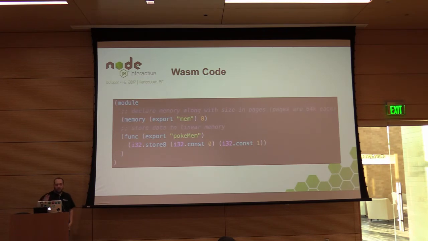So we have a lot of memory here, and now we're exporting a function called poke_mem, and that does exactly what it sounds like. It's just going to poke our memory. So at the beginning of the array, that's that const 0, we're going to store const 1 in the first byte, right? So store 8, we're storing a single byte, and we're storing the value 1 in there. That's all this does, right?